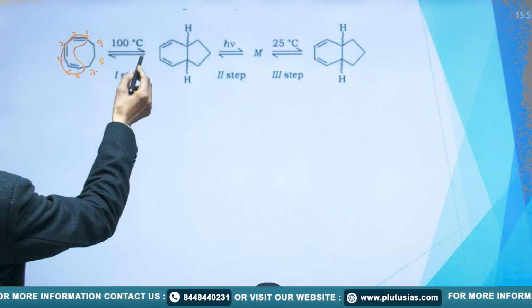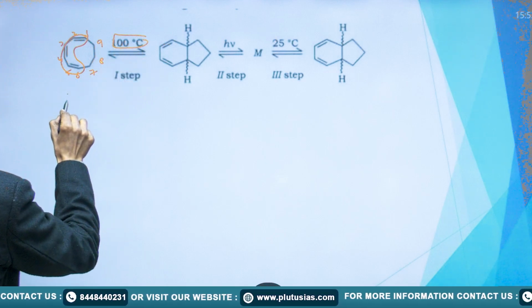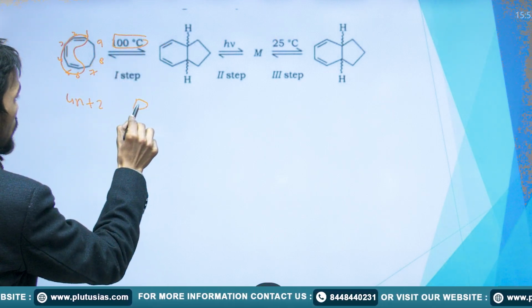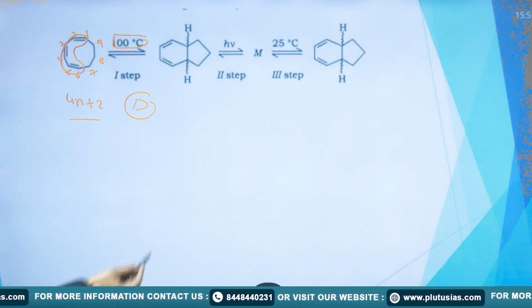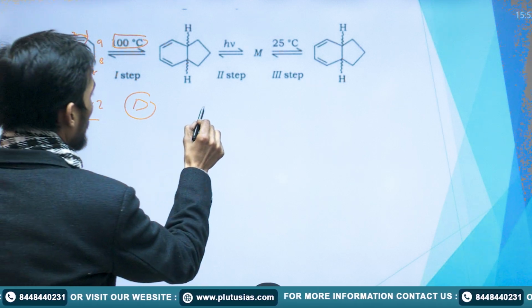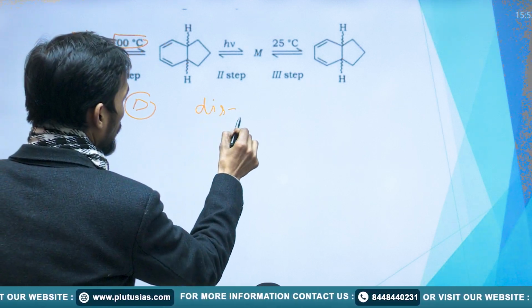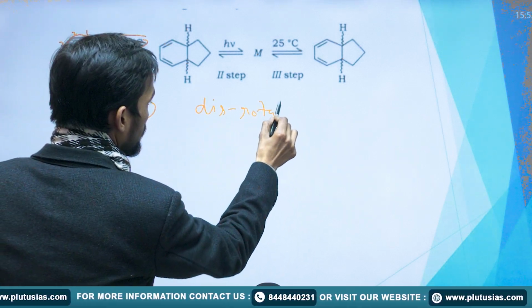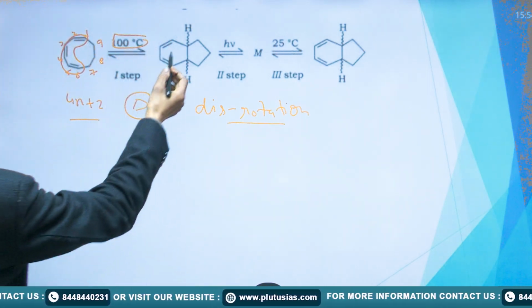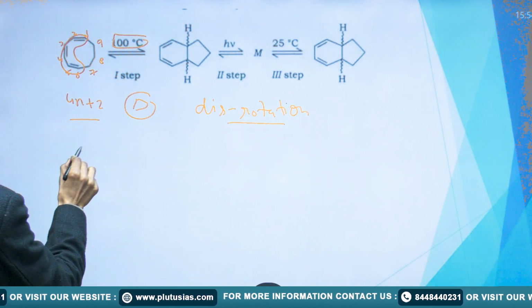Heat is given, and for 4n plus 2 with heat, disrotatory takes place. So the 6-membered ring is going to be formed here.